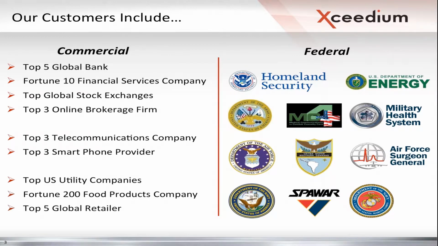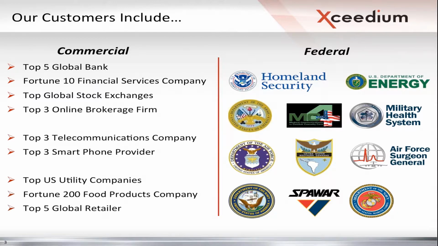Banking and finance, like a lot of security companies, is a very large vertical industry for us. We have large brokerage firm and stock exchange customers, a very large presence, and growing quite a bit internationally, as a matter of fact, in the telecommunications sector. We've got quite a bit of energy and utility companies in the U.S. and abroad. Retail is also a large vertical for us.